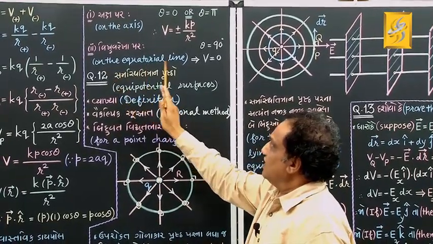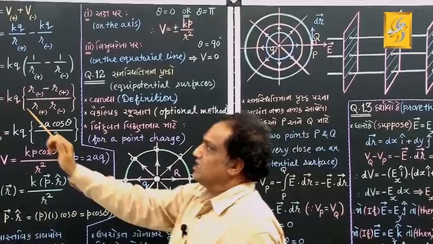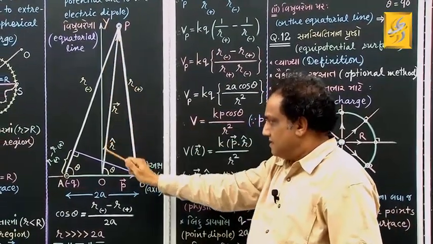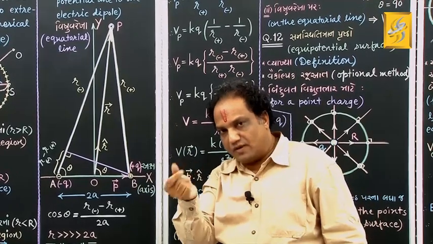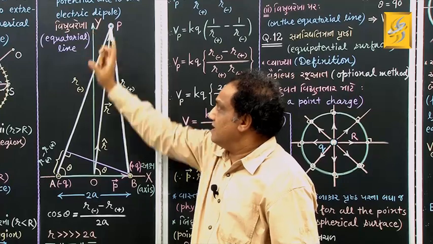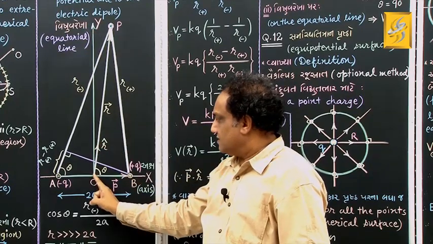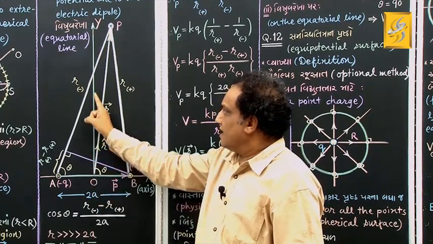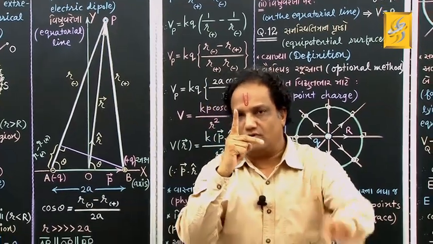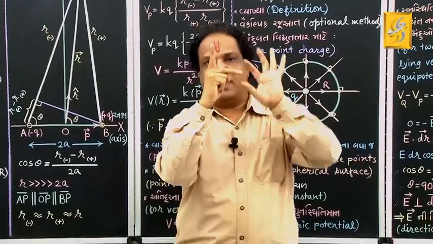Now on the equatorial line, if you select point P on the equatorial line, here, then vector R will be like this, and this is vector P. So vector R is along the y-axis, vector P is along the x-axis.